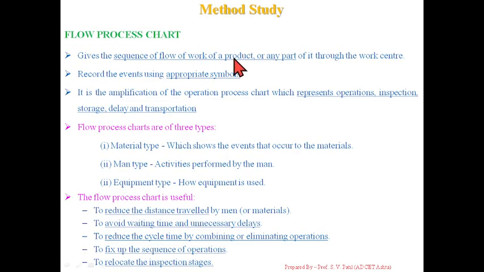Initially we discussed what a flow process chart is and for what purpose it is used. It gives the representation of the flow of work of a product or any part. There are 3 different types of flow process charts: material type, man type, equipment type. Basically, the flow process chart is used to reduce the non-productive time in any production process.